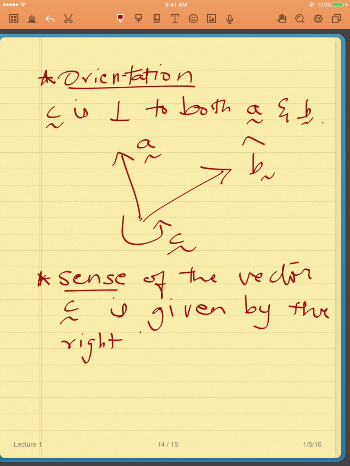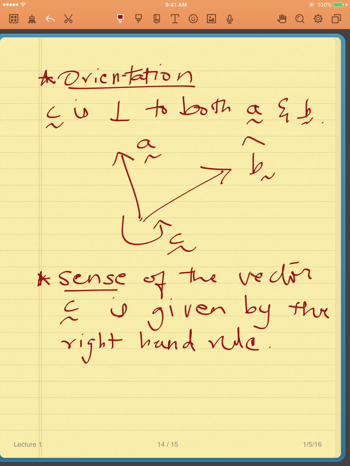I highly encourage you to place your fingers on your book along the direction of the vector A and curl those fingers into the vector B. Then you'll be left with your thumb pointing either into the screen or out of the screen. It should be into the screen in this case. B cross A, on the other hand, would result in a vector that is pointing out of the page.